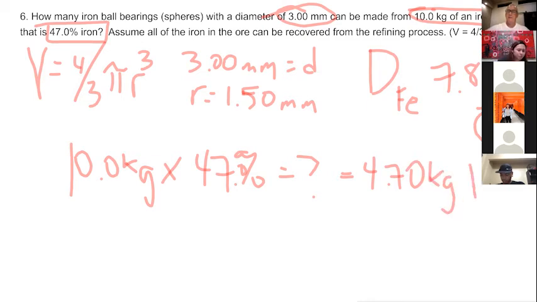You have 4.70 kilograms of iron. So you're going to want to figure out how to convert that to volume. And then once you've got a volume, you can go from there.